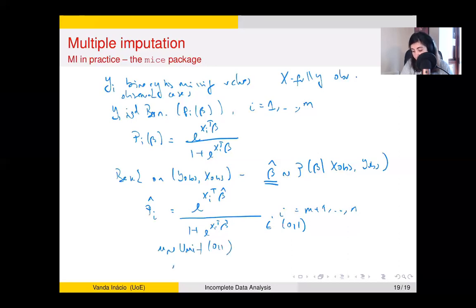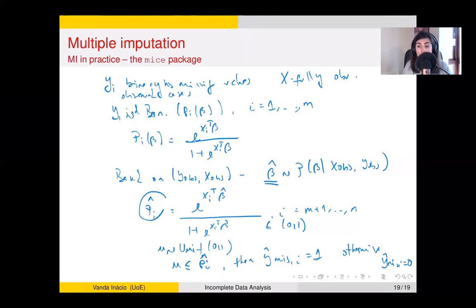And for instance, if the generated uniform random number falls below our predicted probability, then our imputed value will be 1, and otherwise it will be a 0.